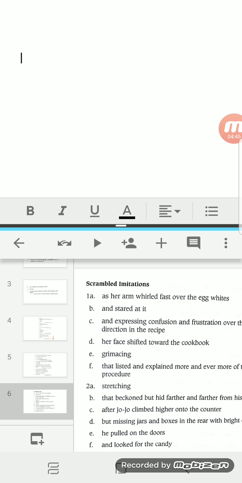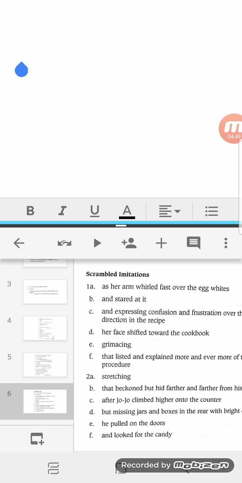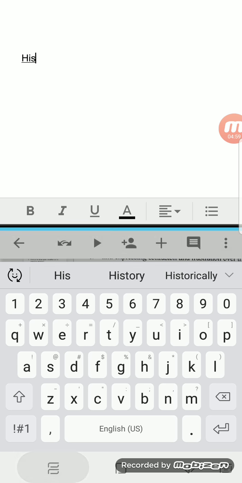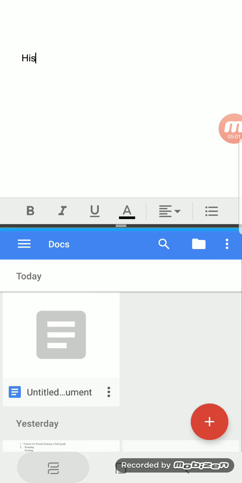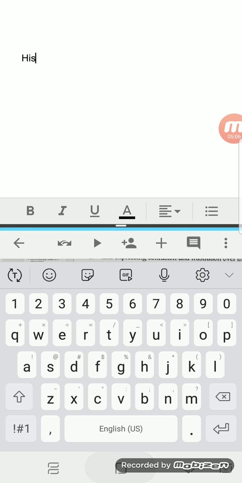All right. Now, how am I going to imitate it? I'm going to think about how I can change things around while keeping the same pattern. One of the best ways to do this is to think about other things that fit in that category, or the opposite. So instead of her, I'm going to say his. Instead of face, I'm going to say eyes.